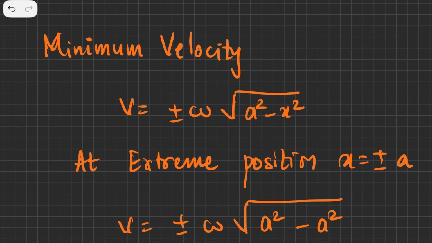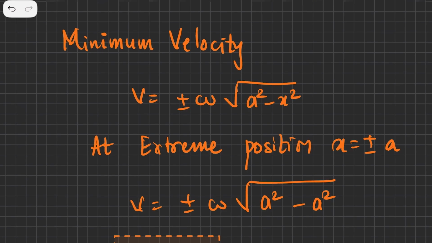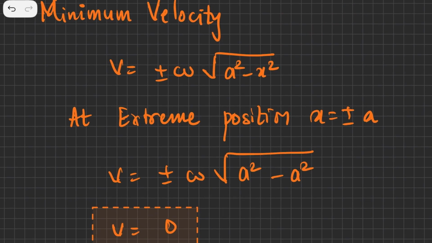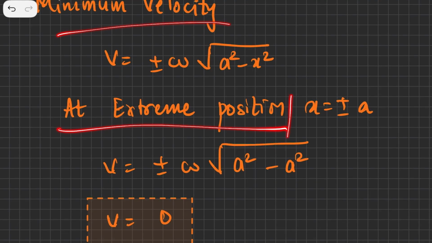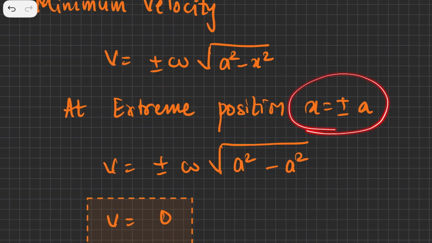Now for minimum velocity, we again use the same formula, plus minus omega root of a square minus x square. I just showed you in the diagram logically how the velocity would come out to be 0, and even in the equation you can see that the velocity will come out to be 0. By logic, the minimum velocity comes at the extreme position, and at the extreme position you know that the value of x is plus or minus a, the maximum displacement from the mean position.